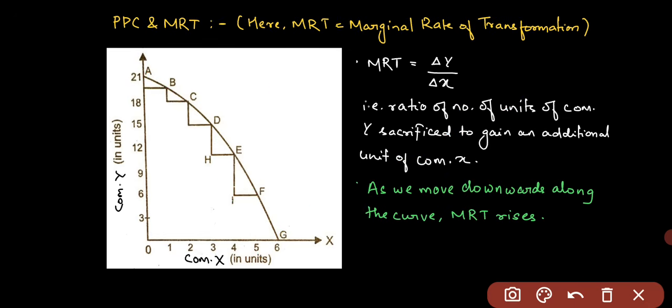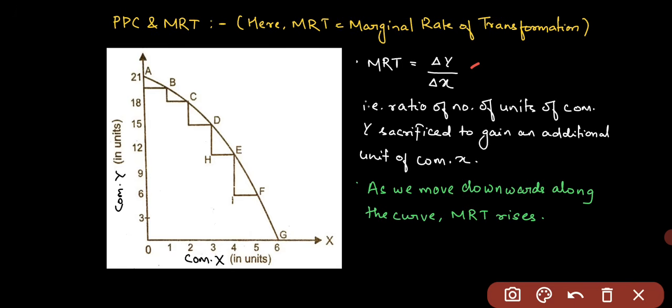So, here marginal rate of transformation is the change in y due to change in x. To get one more unit of x, we are losing more and more units of y, right? So, we move downward along the curve.